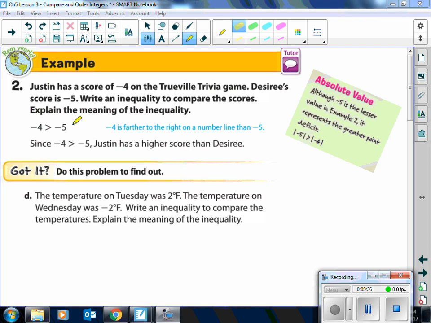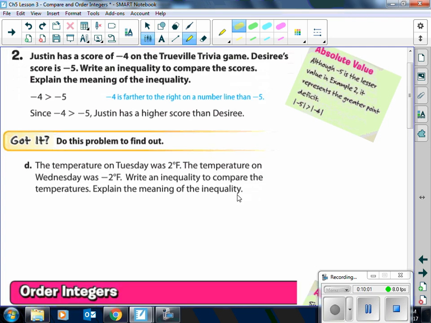When we compare them, you can see that negative 4 is greater than negative 5, because the bigger the number, the smaller the value. So that's going to be a greater than in there. Since negative 4 is greater than negative 5, Justin has a higher score than Desiree. Is everybody clear with that?